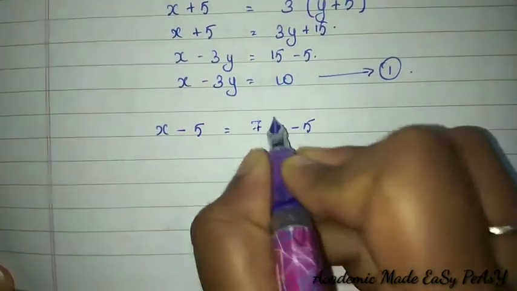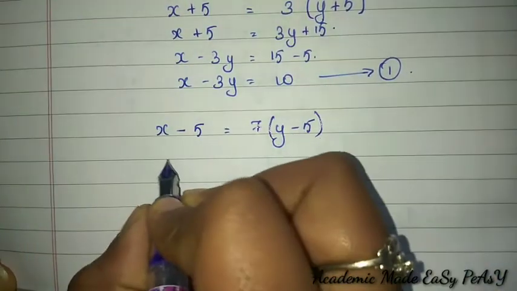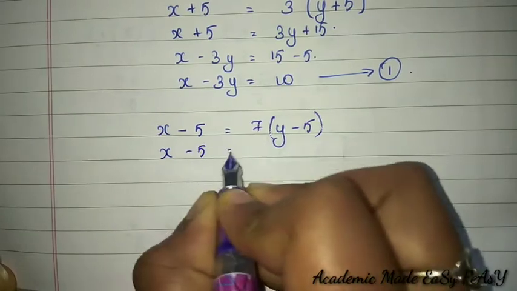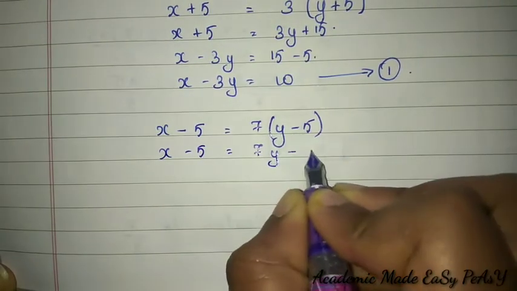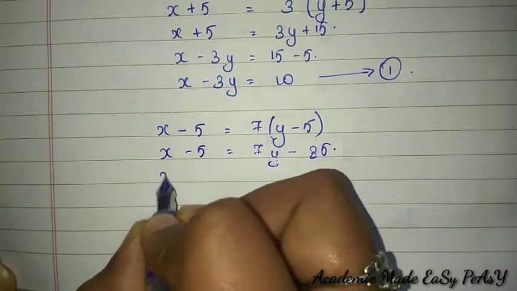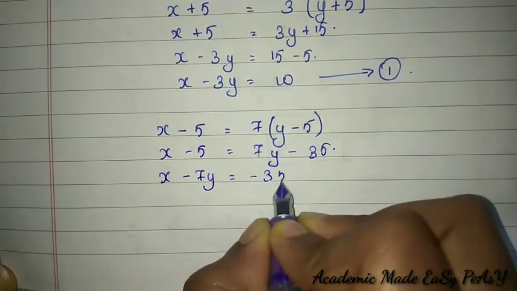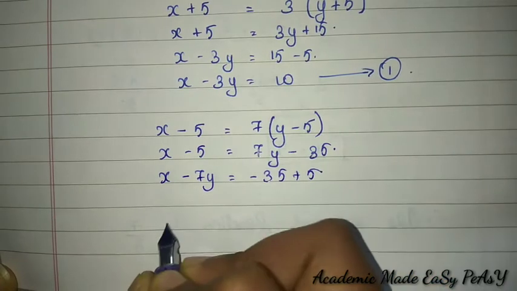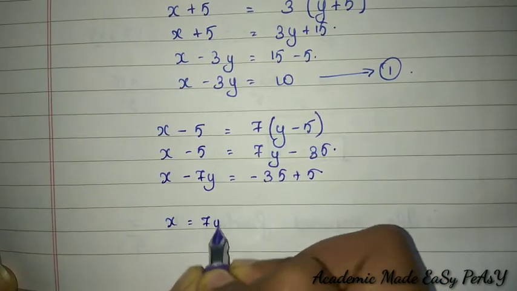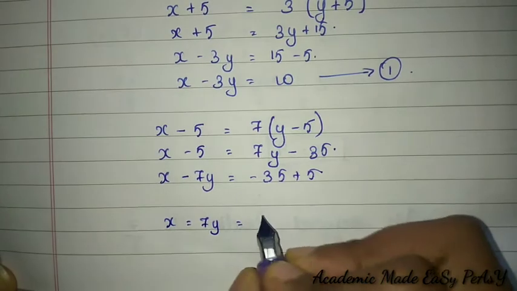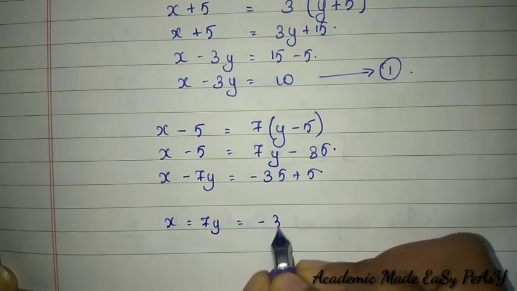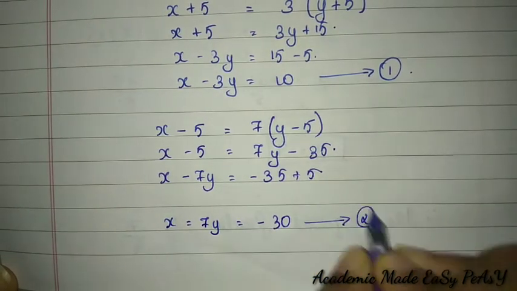So 7 into (y minus 5). So x minus 5 is equal to 7y minus 35. So x minus 7y is equal to minus 35 plus 5. So x minus 7y is equal to minus 30. Let this be equation 2.